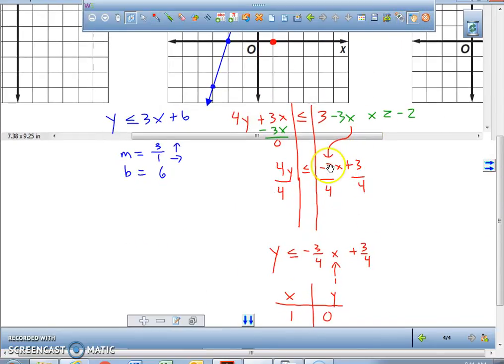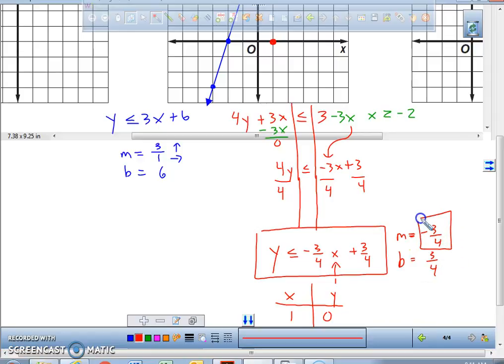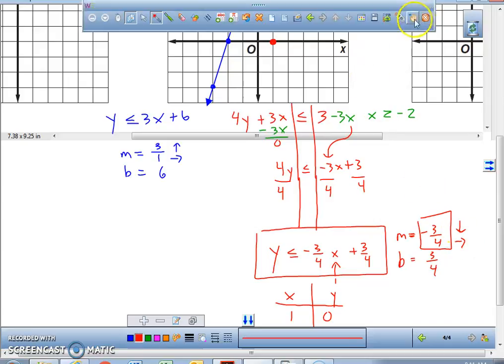Now, what's my slope of this? That's right, negative 3/4. My y-intercept is a positive 3/4, but I don't really care about my y-intercept right now. I actually care about applying this slope. This slope tells me I got to go down 3 units and over 4 units to the right.